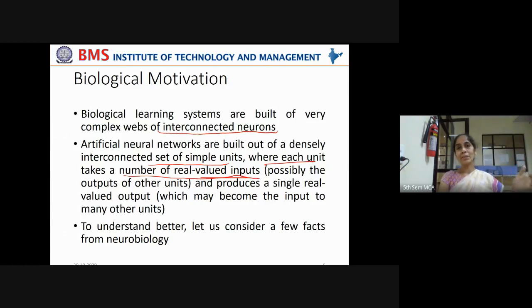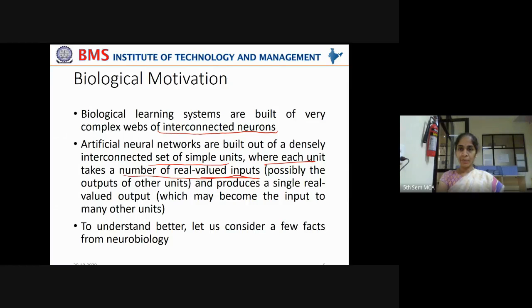Means not only inputs from a particular image or photograph. Sometimes within the neural network you may have outputs of other layers as inputs to the current layer, and the output of this layer serving as input to the next level of layers, right? In that way the construction of neural networks can take place.